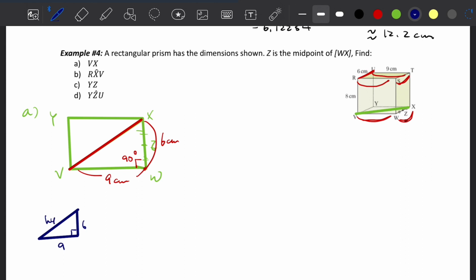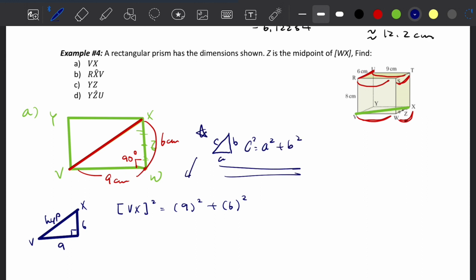We have to find the hypotenuse, which is VX. So we can do VX squared equals 9 squared plus 6 squared. By the way, the Pythagorean theorem uses a formula like this, right? C squared equals A squared plus B squared. So I'm using this here.